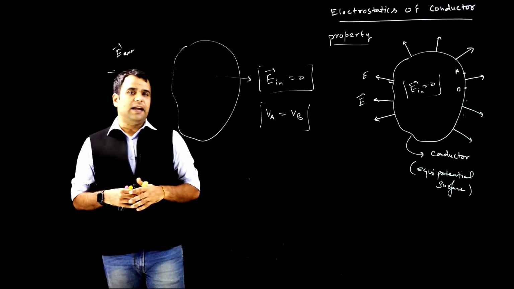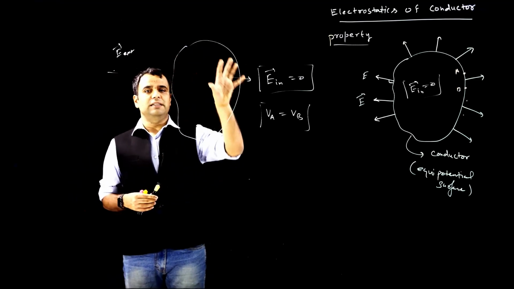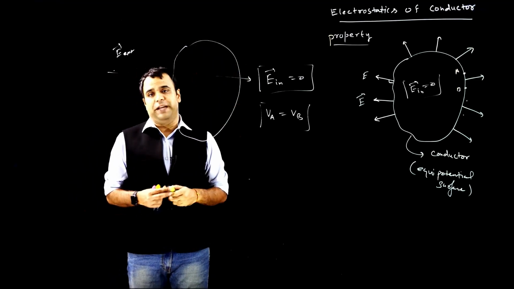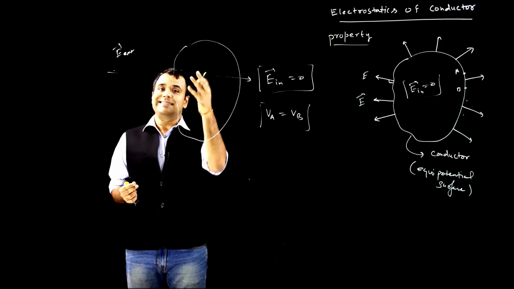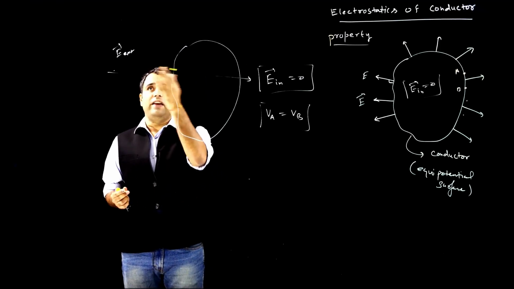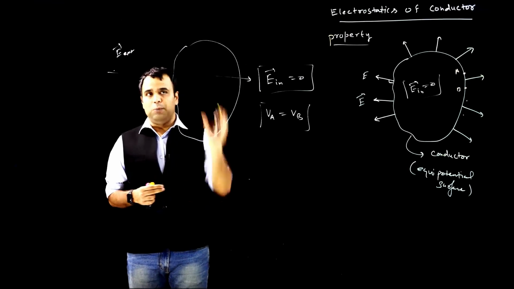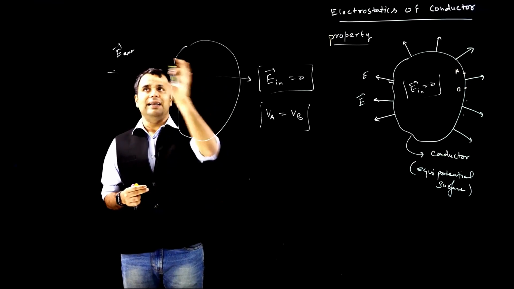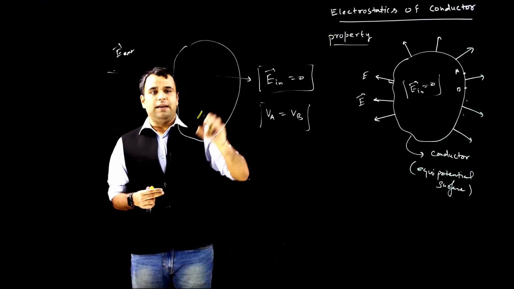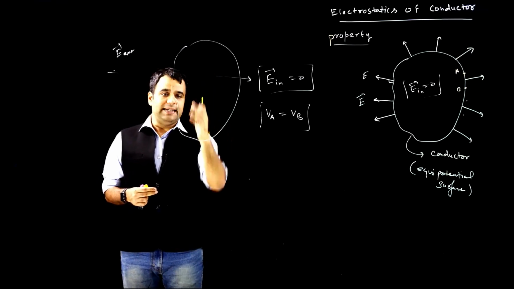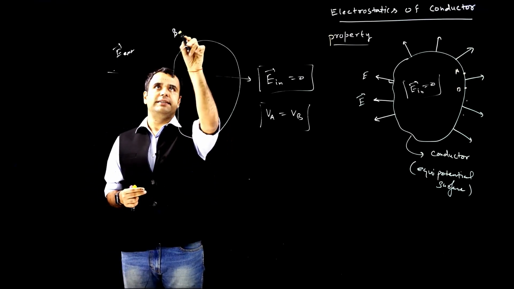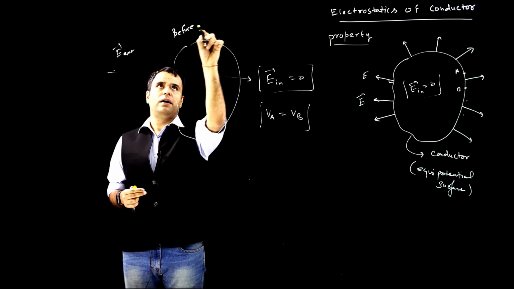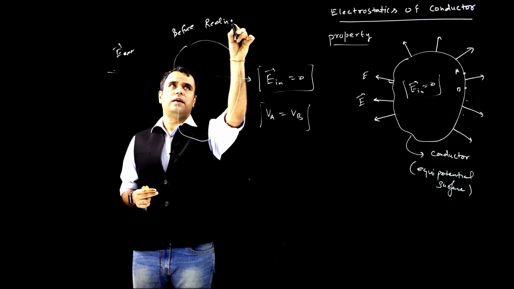Because of this external electric field, a redistribution of charge inside the conductor will take place. So in the beginning, inside as well as outside, the electric field will be only E external. But the moment you put this conductor in this external electric field, the redistribution of charge will happen. This is before redistribution.